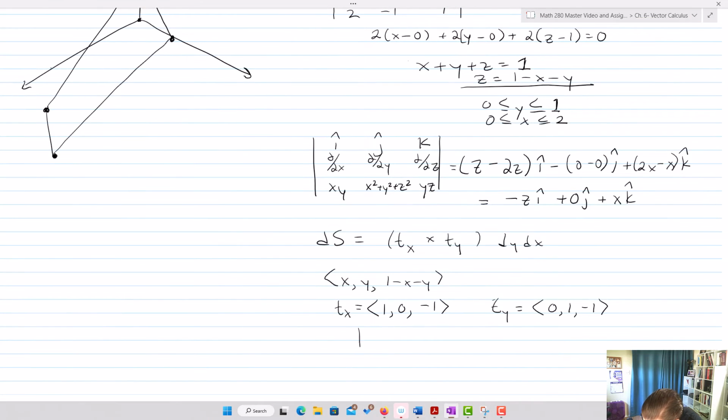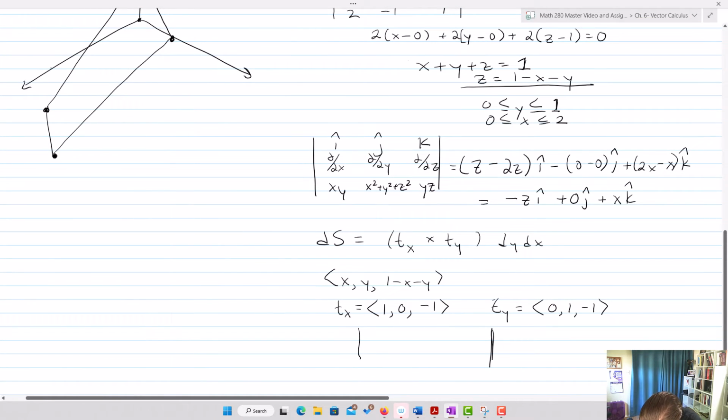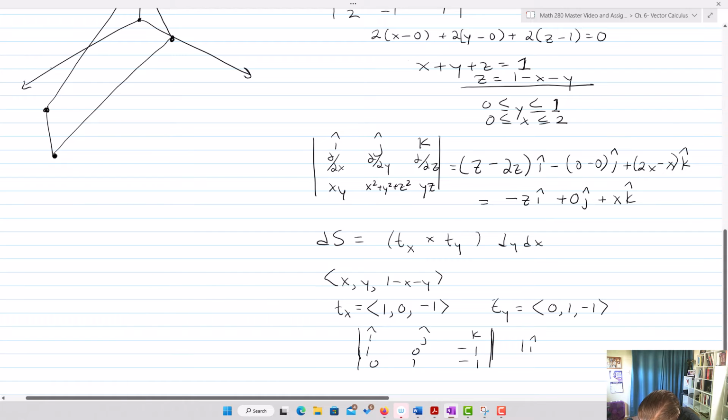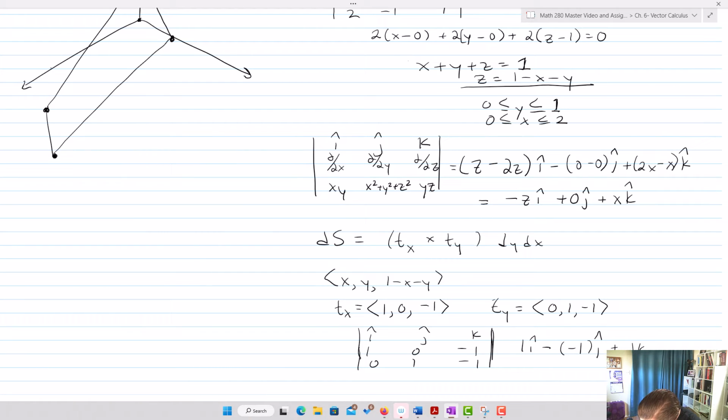Take the cross product of those two: i, j, k, 1, 0, negative 1, 0, 1, negative 1. And we end up getting 1i plus, or rather minus, always, minus negative 1j plus 1k.